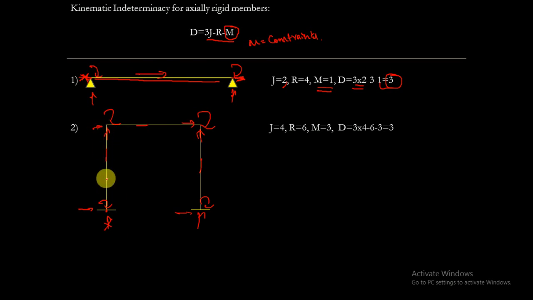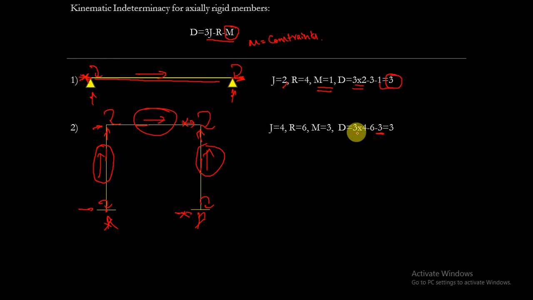As this is axially rigid, it can move only once, so there will be one horizontal displacement. For this member also one horizontal displacement. For each member we need to deduct one horizontal displacement. So we need to deduct 3 horizontal displacements from the total number of degrees of freedom.